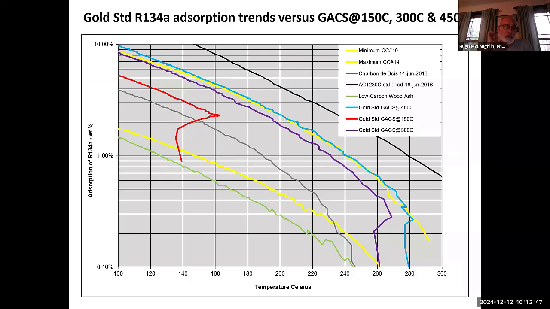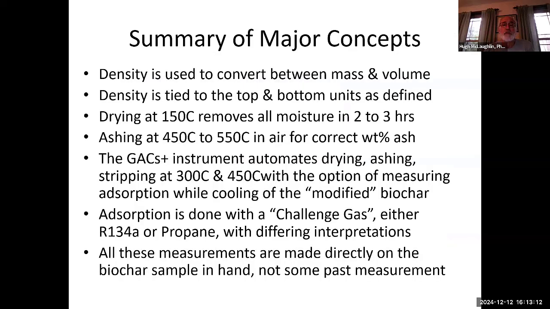So on a typical absorption plot, the red line is that 150 material, and then the stripping of the VOCs moved it up to the purple line, and then the 450 took it up even further. We're seeing the migration of the absorption properties as we modify an actual sample of our actual char.